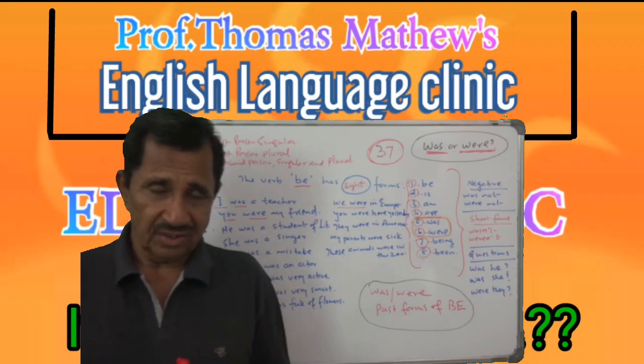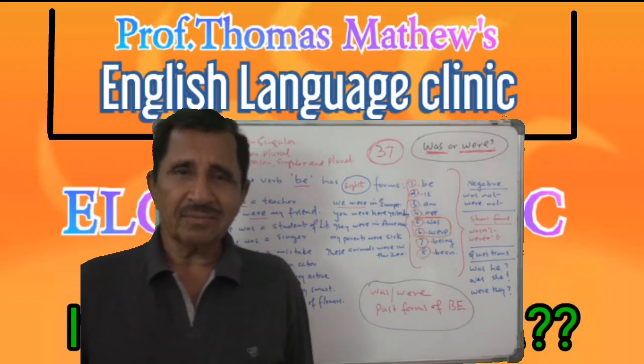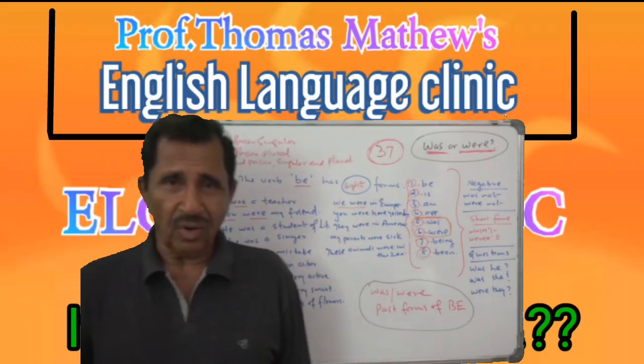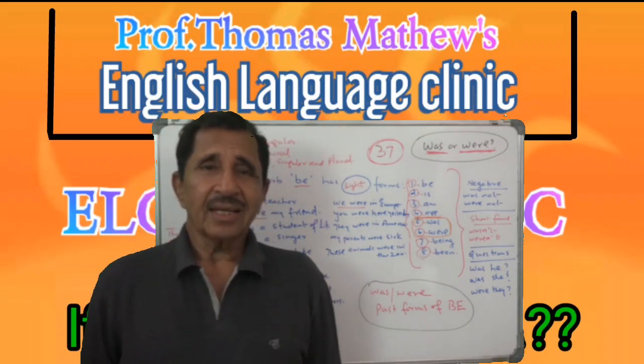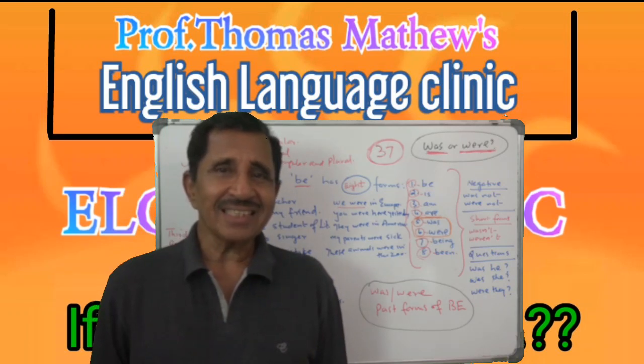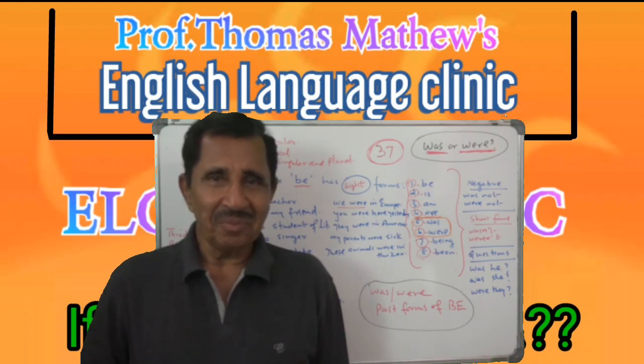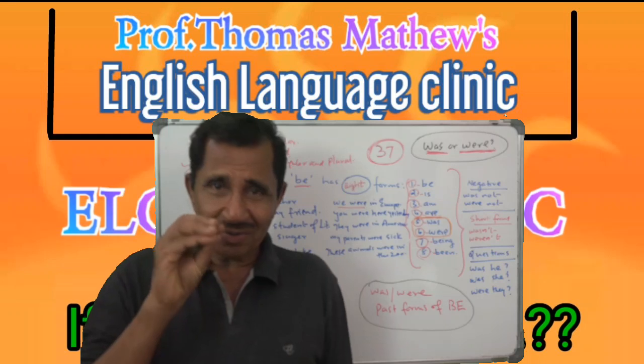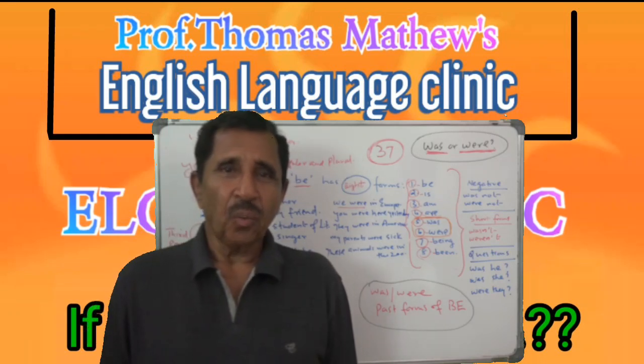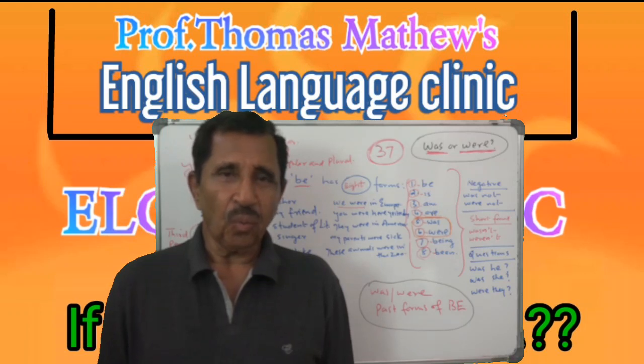I was. And when you are pronouncing this was and were, don't pronounce it flatly. You have to round your lips. Was, were.